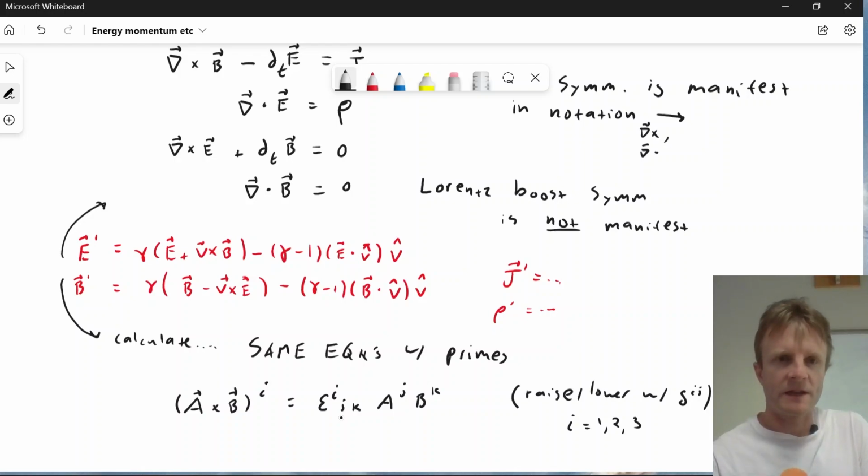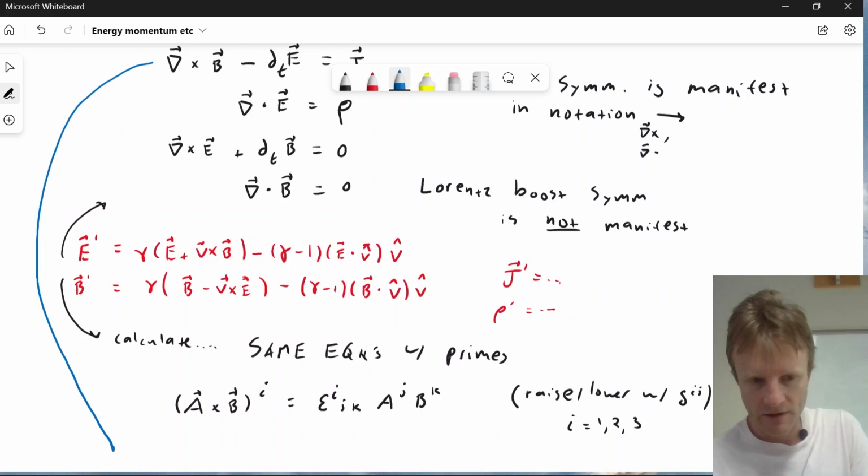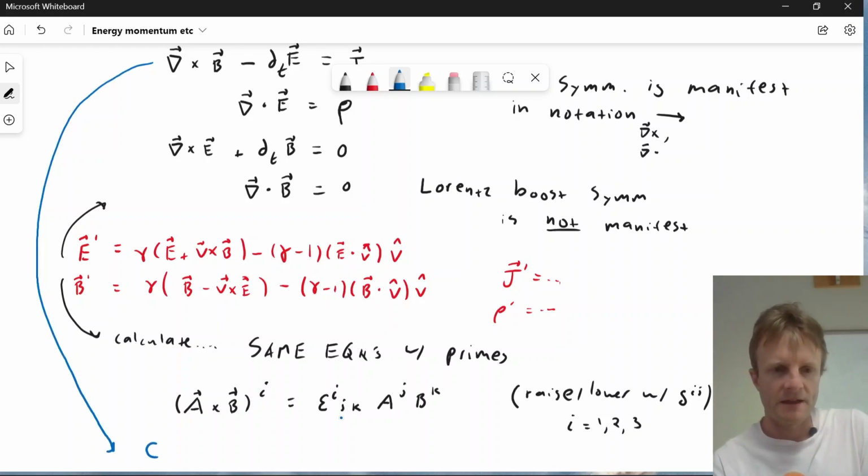Okay, so this is a nice notation. Now we can take this equation here, curl of B, which I'm starting with, and rewrite it as epsilon ijk. I am going to lower indices freely on my vectors and so forth.